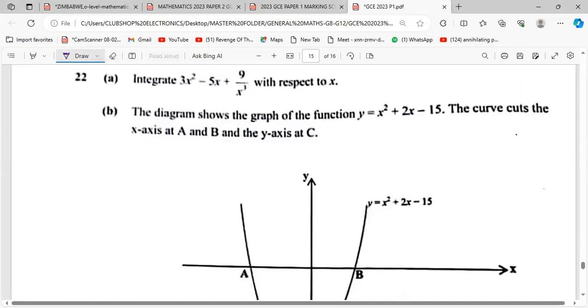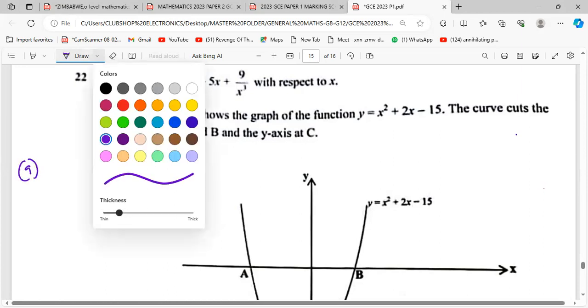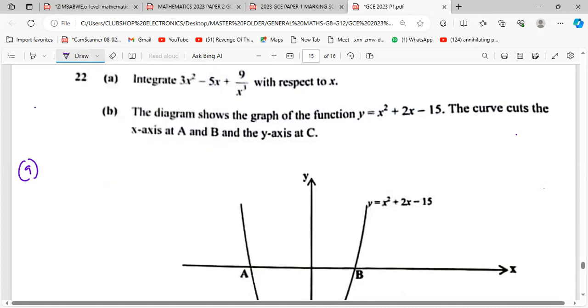The first one, that is 22A, the integral. What are we integrating? 3x to the power 2 minus 5x plus 9 over x to the power 3 with respect to x.